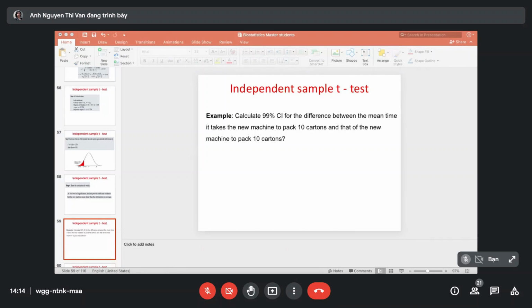Yes, okay, can you give me the result? The alpha in this case is 1%. Yes, alpha is 1%, so it is 0.01, right?